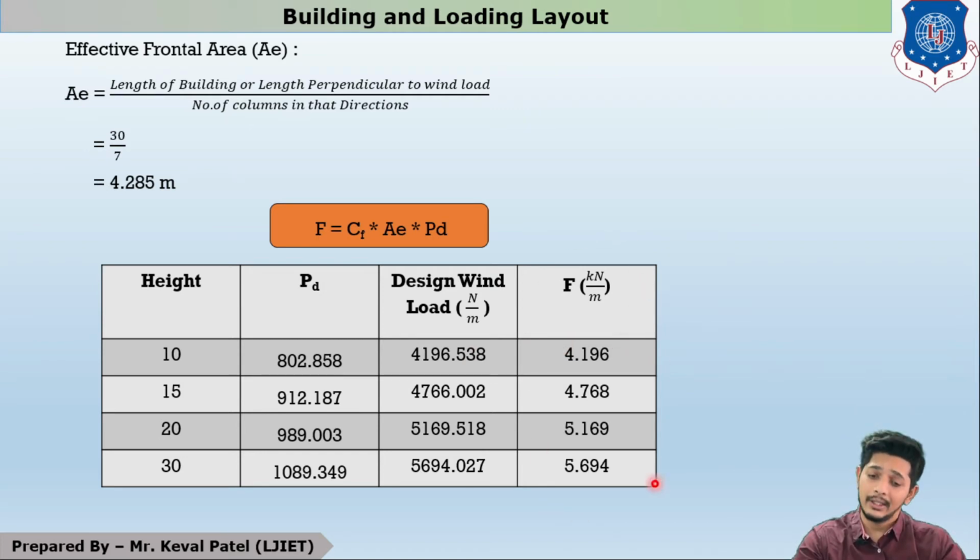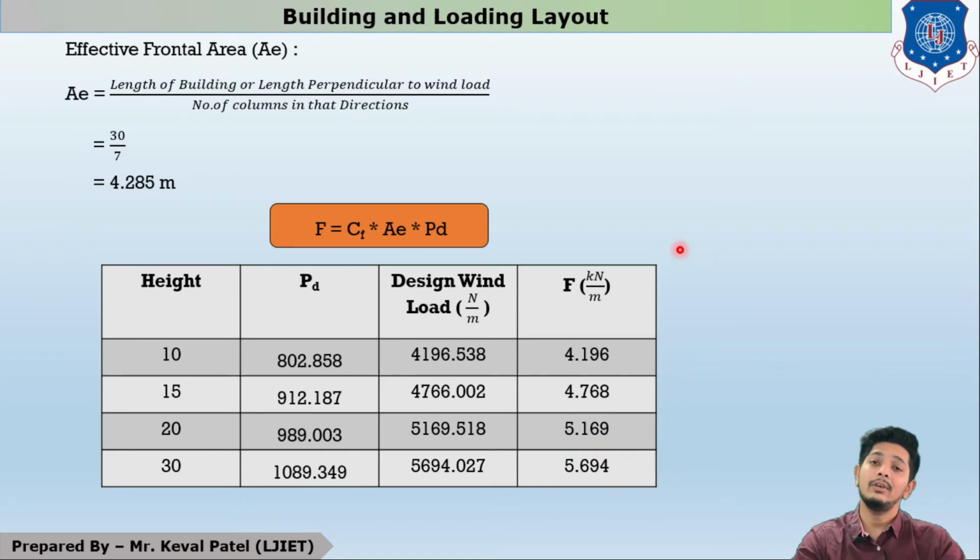So I have converted to kilonewton per meter by multiplying by 10 raised to minus 3. So for 10 meter height, F in kilonewton per meter will be 4.196, 15 meter 4.768, 20 meter 5.169 and 30 meter 5.694.